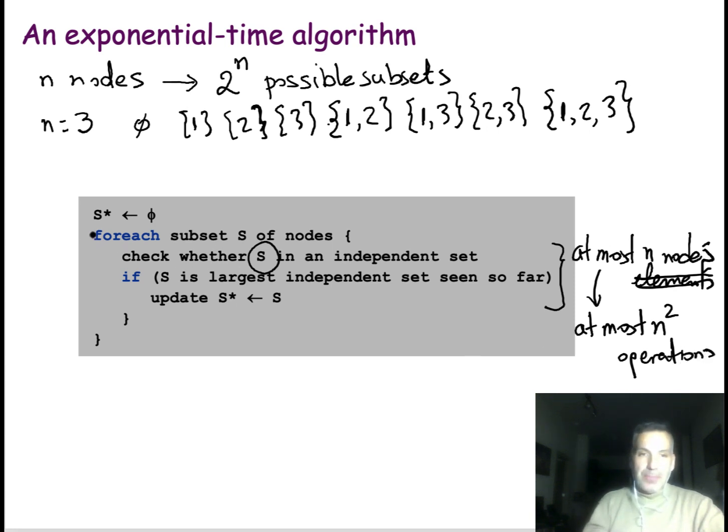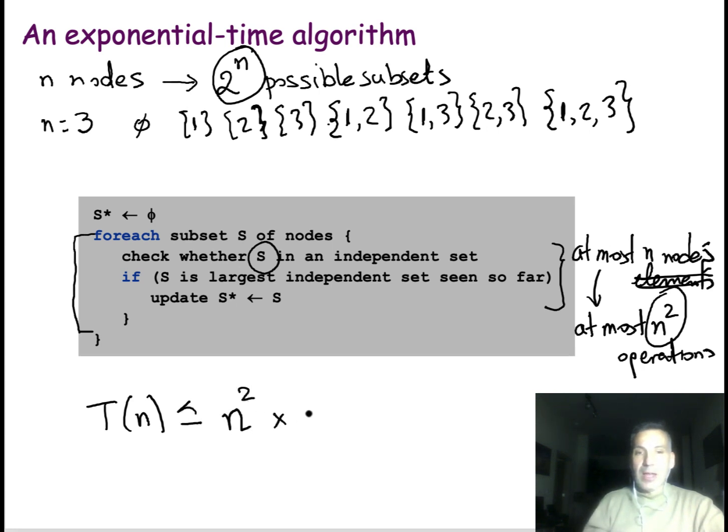So the number of iterations of this for loop is 2 to the n, and within each iteration of the loop we need to do at most this amount of work. So the running time of this algorithm is upper bounded by n squared times 2 to the n times a constant.